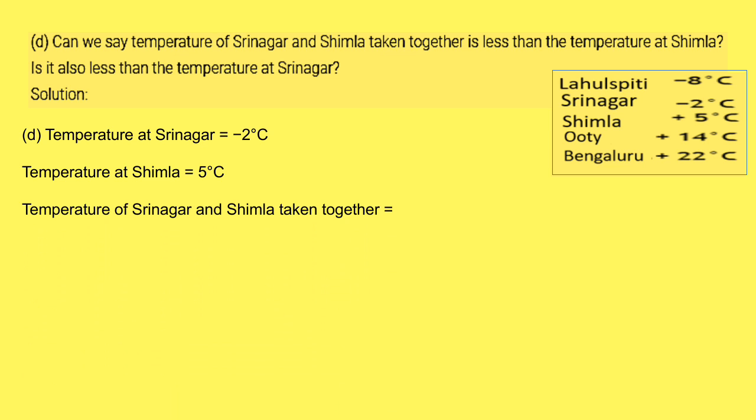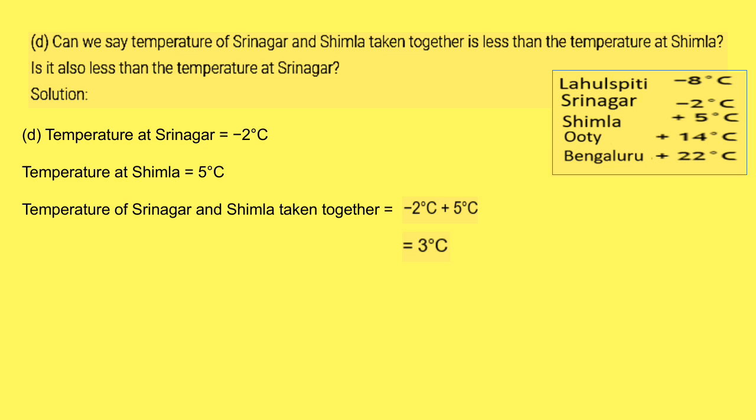Minus 2 degrees Celsius plus 5 degrees Celsius, like this. Here different signs, so I am going to subtract the smaller value from the larger one. So 5 minus 2 is 3, and I will put the larger number's symbol. Here the larger number is 5 and its symbol is plus. So the answer is plus 3 degrees Celsius. So the temperature taken together is 3 degrees Celsius.